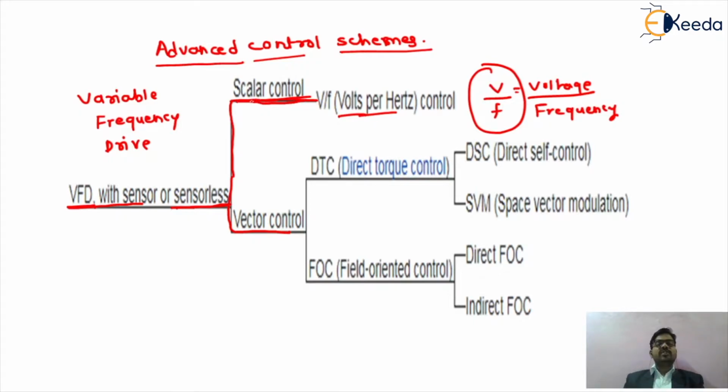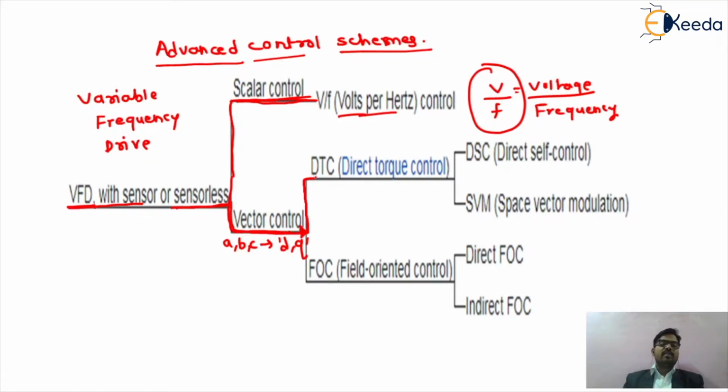This control technique is called the scalar control technique. This is the first type, and the second type of technique is called vector control. In vector control, we convert the phase quantities, that is A, B, C phase quantities, into direct axis and quadrature axis, which are rotating reference frame quantities, by means of two types of controller.